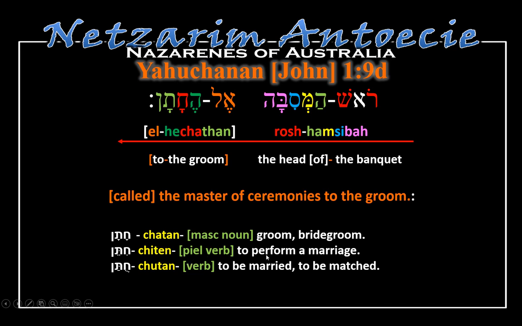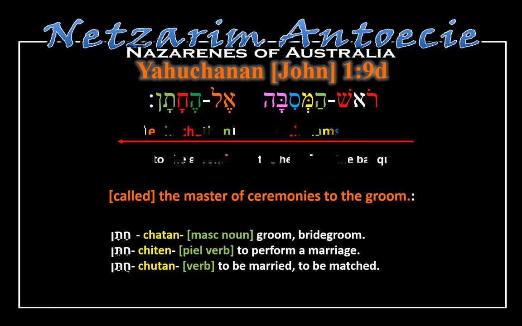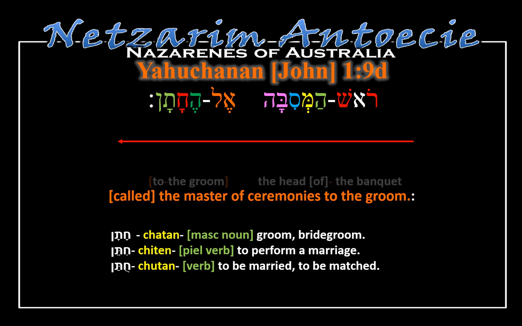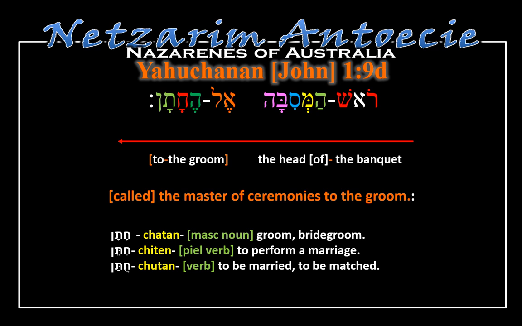Chiten is a piel verb to perform a marriage, and chutan is a verb to be married, to be matched. And the translation: called the master of ceremonies to the groom. So now we can read it. Rosh ha-mesibah el ha-chatan. The head of the banquet to the groom.